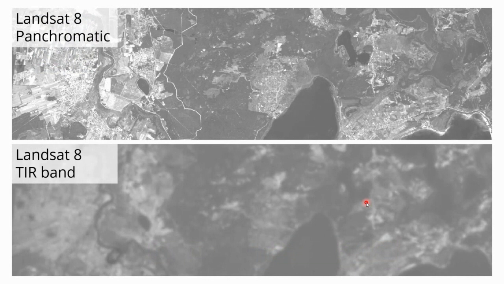Usually we register a signal firstly emitted by some object, for example, the sun or an antenna, like for radar images, and then reflected from the object. But here we register the signal, the radiation emitted by the object. So we just can say how warm or how cold the object is.